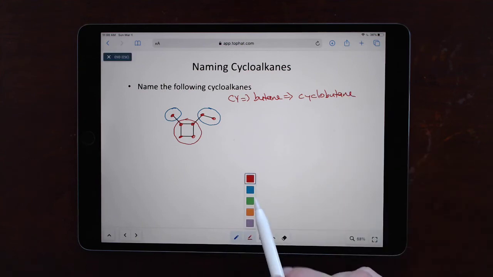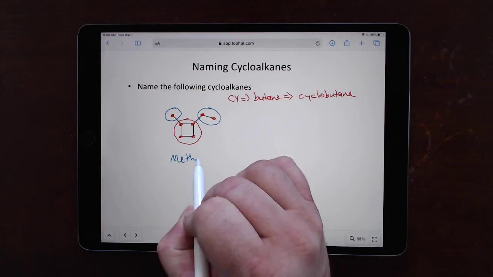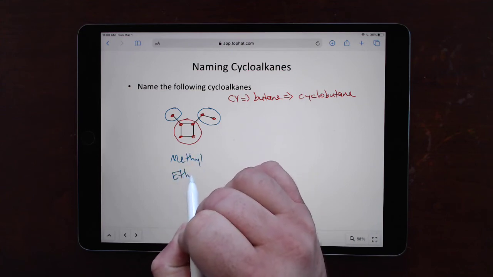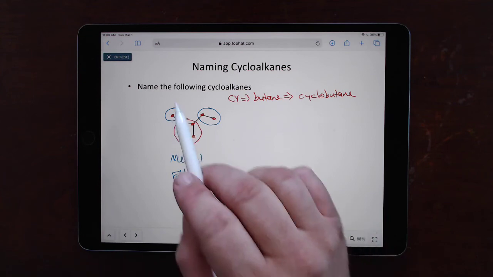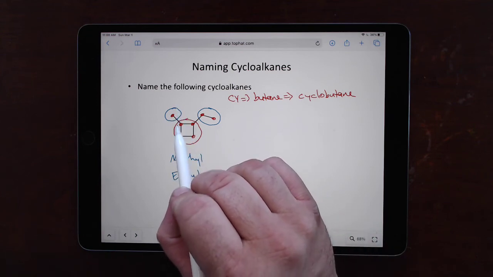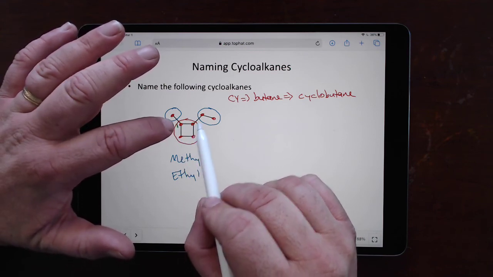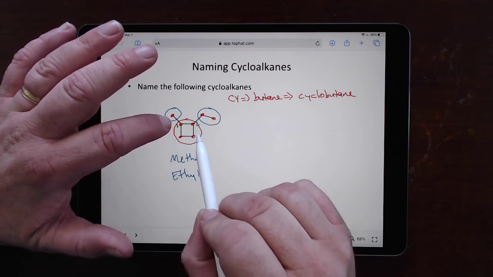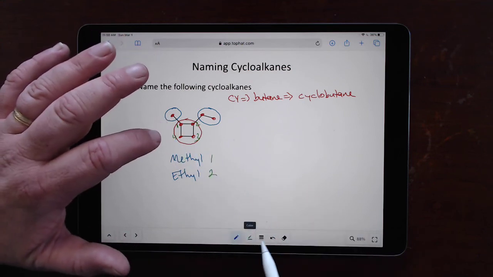Okay, so our side chains are going to be methyl and ethyl. We're going to give this carbon here a chance to be number 1. So carbon 1, our nearest side chain neighbor is here, so this will be 2, and we just keep going around. 3, 4, so it becomes 1, 2.